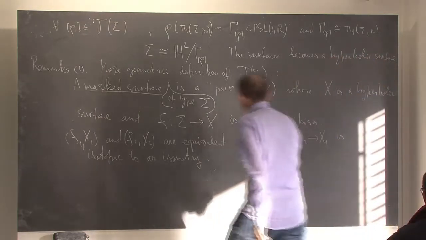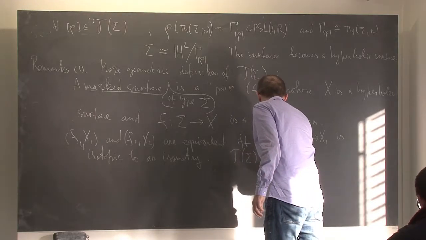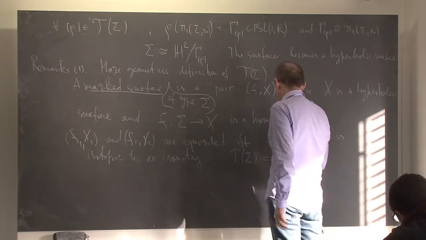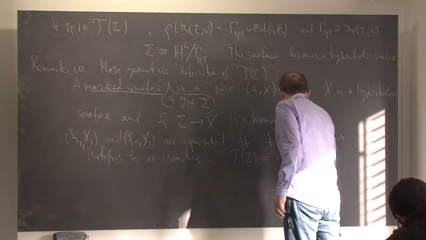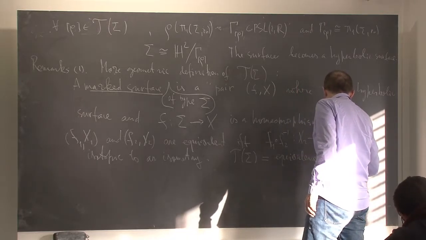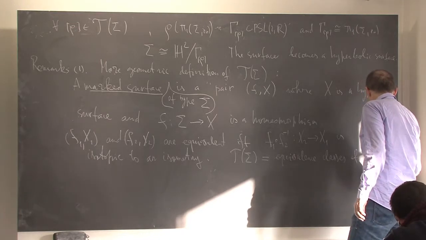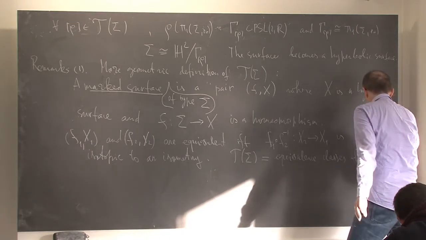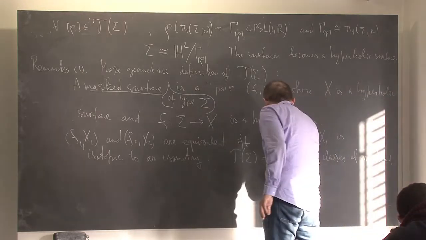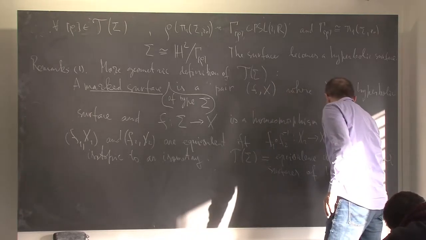And then the Teichmüller space is identified with equivalence classes of marked surfaces of type sigma.